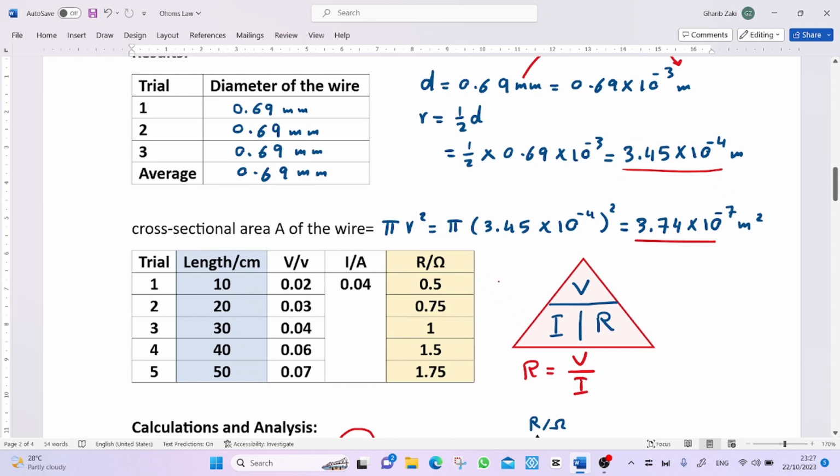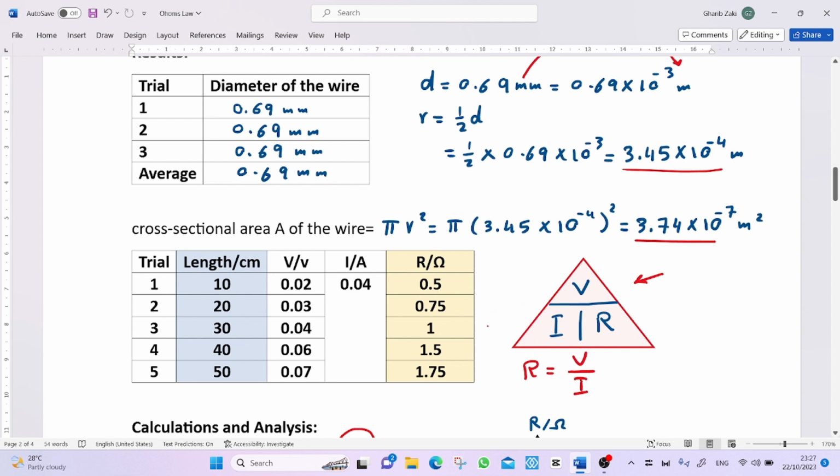The results of the experiment: when the length is 10 centimeter, the voltage is 0.02 and so on. But because the current is the same, the current is 0.04. We use Ohm's law to calculate the resistance in each length of the wire.